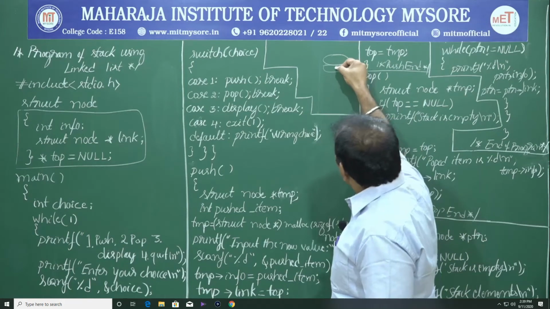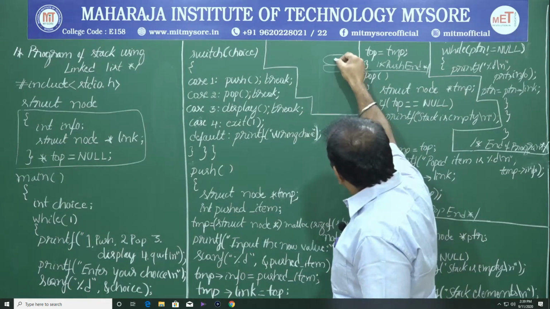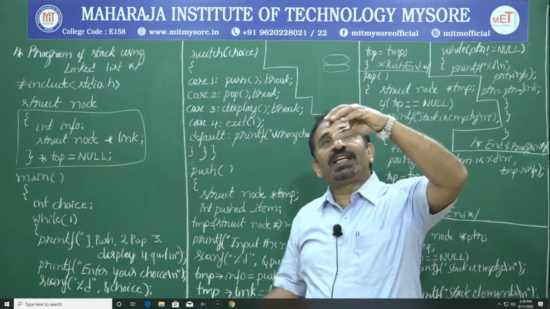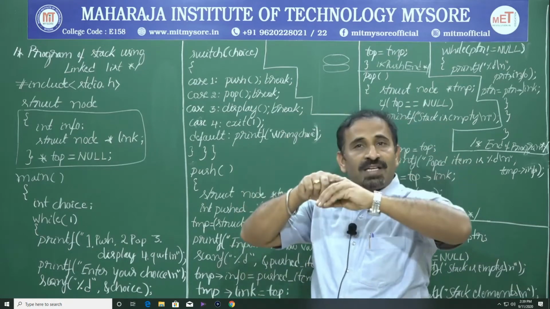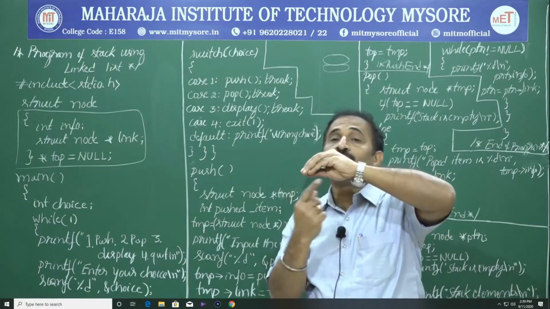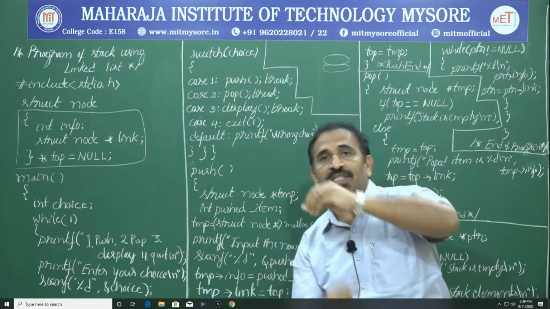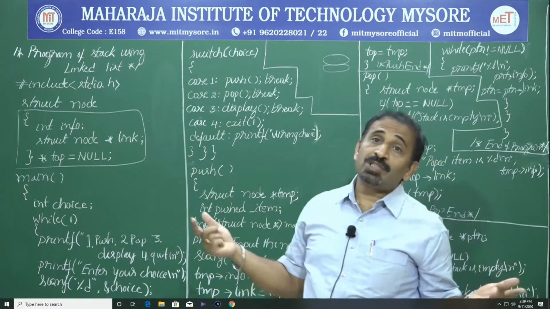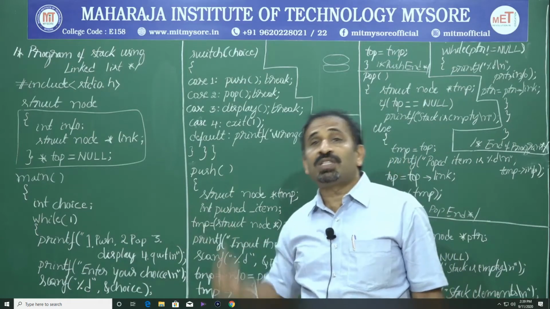It means that to keep this data below this, I need to know the address of this. So first I create a node, it will have an address, and it will hold the address of the next node. So these are all connected. But this problem was not there when we used the array.